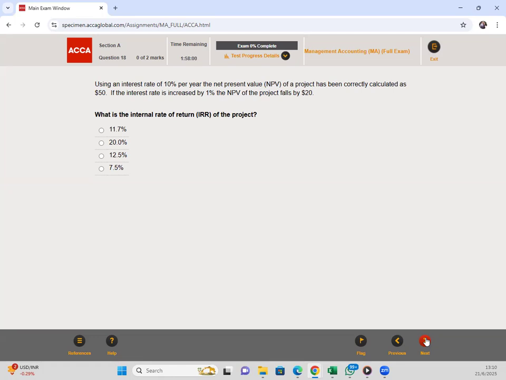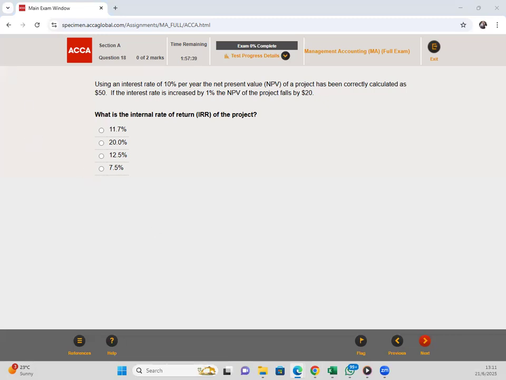So remember the IRR, the internal rate of return, let's just have a quick recap. The purpose of the revision session is not just picking the answers, but also having a general understanding of the ideas surrounding the question.